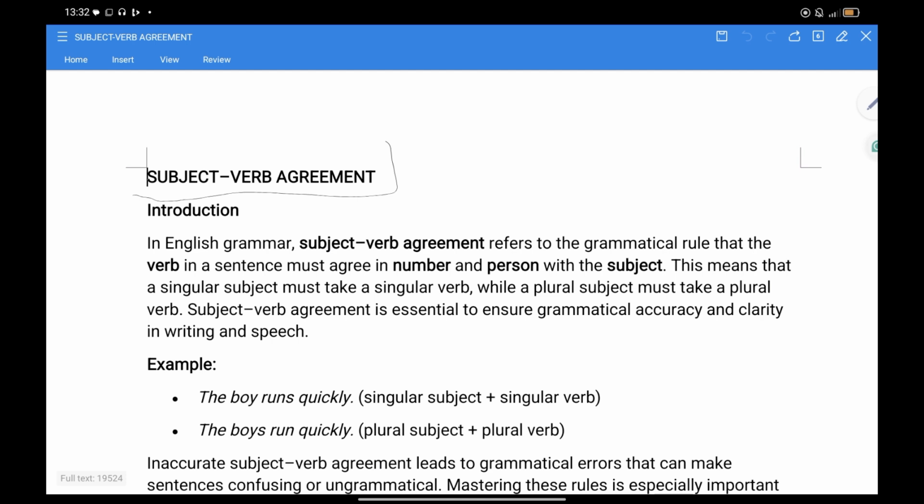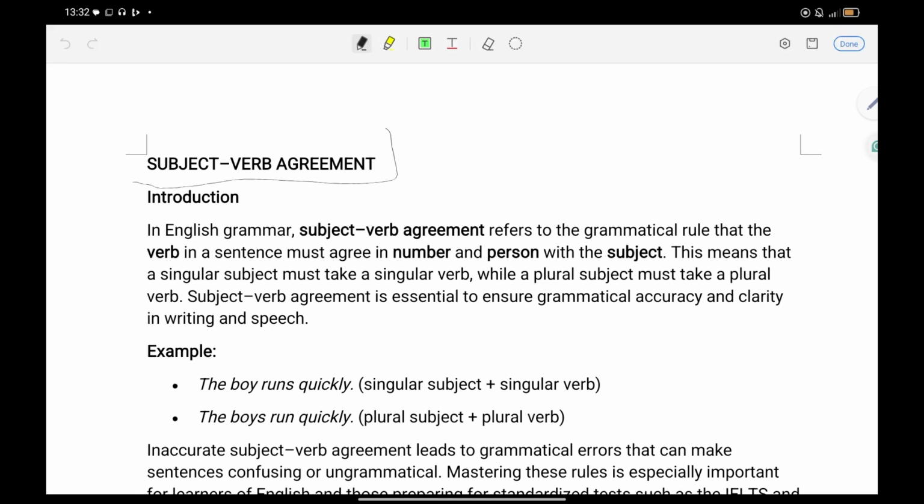Subject verb agreement. Now, in some textbooks, this is called Concord, so you may not find it as subject verb agreement. In some textbooks, it's just called Concord.